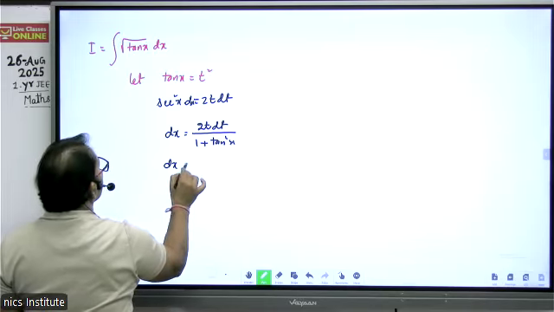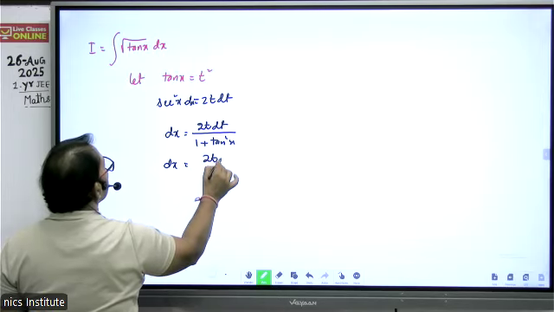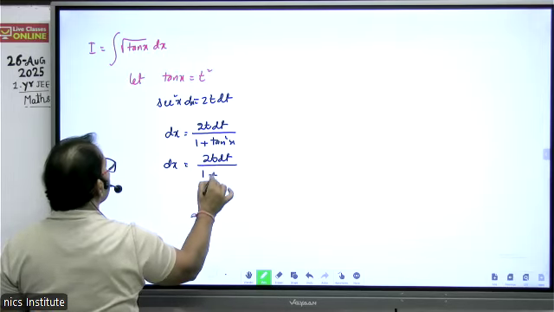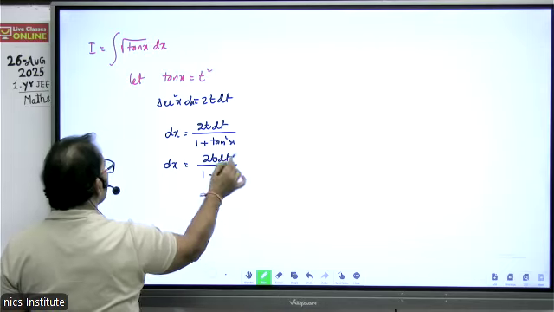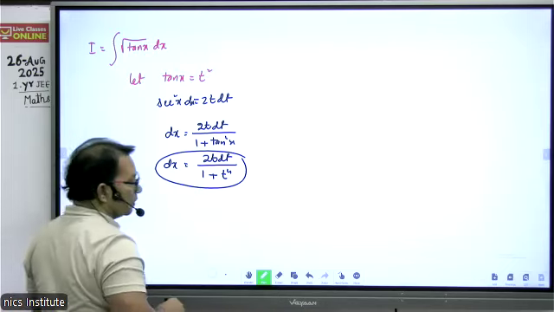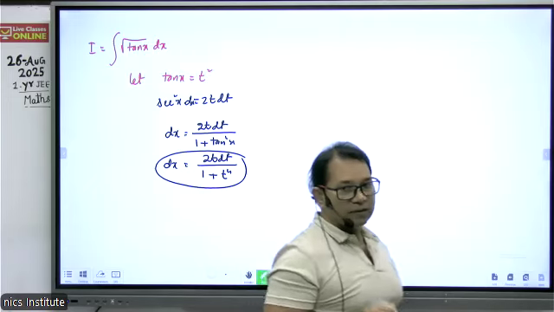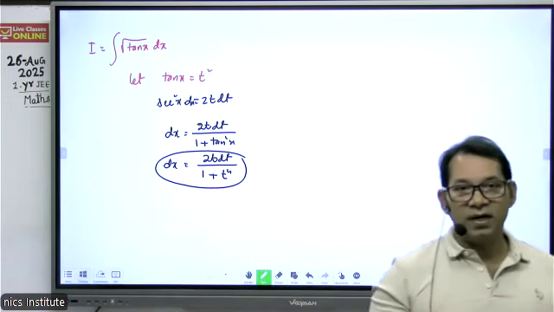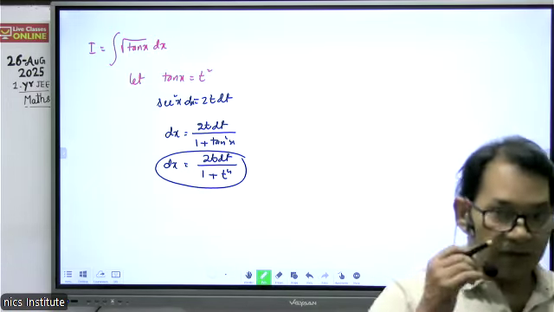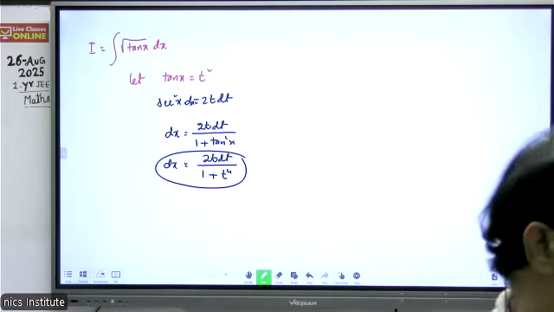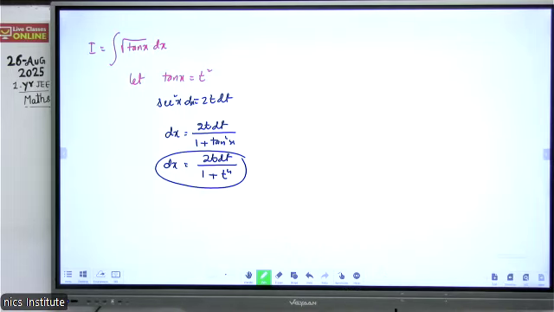So dx will be 2t dt over 1 plus t to the power 4. Notice this is not t square, it is t to the power 4. Tan x is t square, so tan square x will be t4. So by mistake don't write this as t square. Sec square x is 1 plus tan square x.